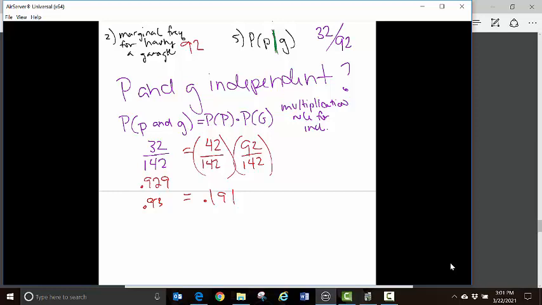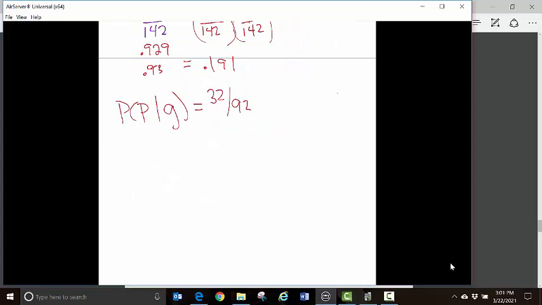The other way to look at that is look at this one. The probability of pool given garage is 32 out of 92. If these things are independent, that should be the same as just the probability of having a pool, because knowing somebody has a garage won't change it.